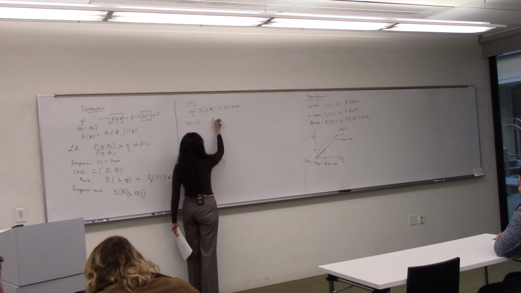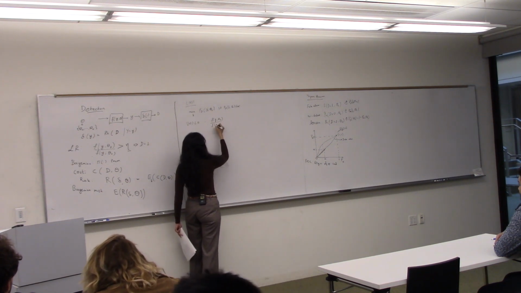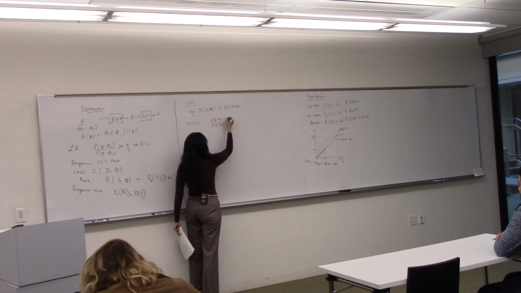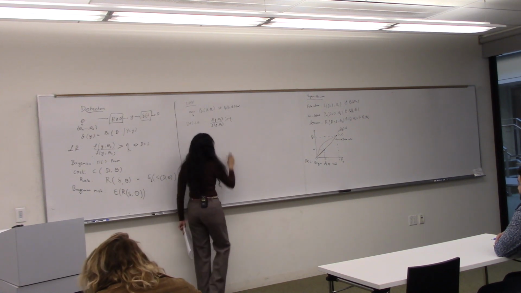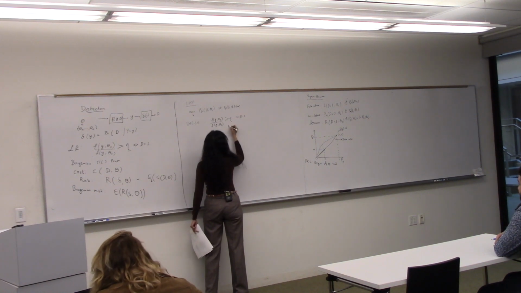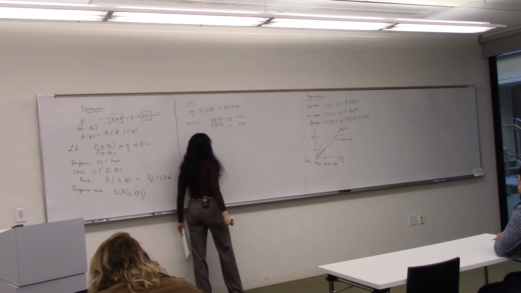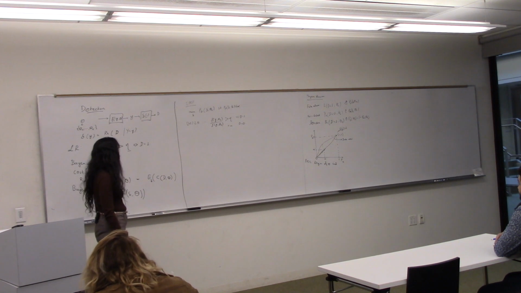So what it will do is look at the likelihood ratio, and if it's greater than some threshold, the decision is 1, otherwise the decision is 0. Okay, so this is deterministic, right? There's no randomization.